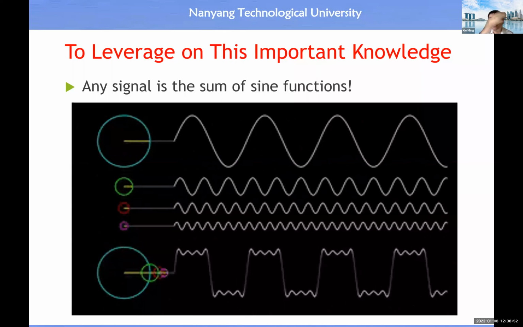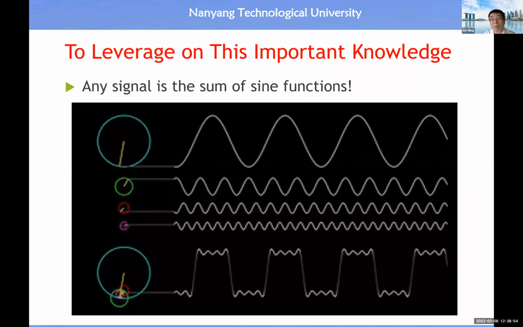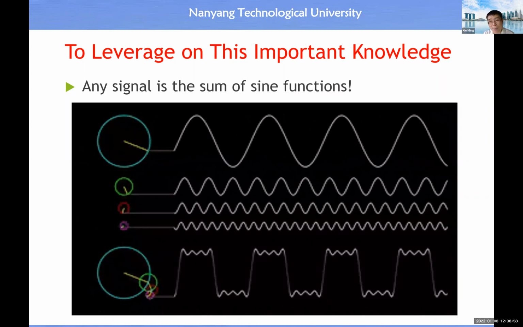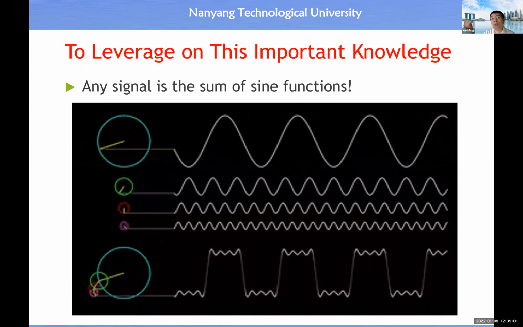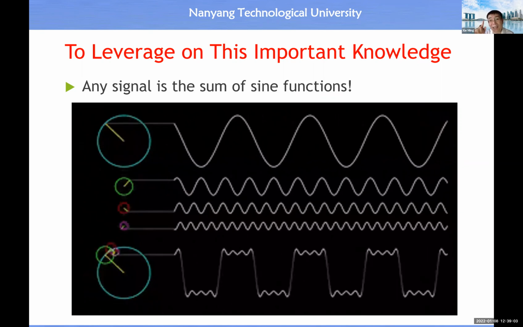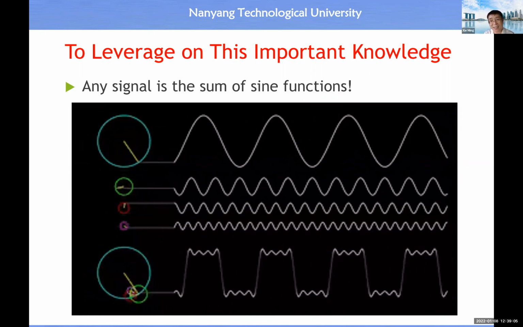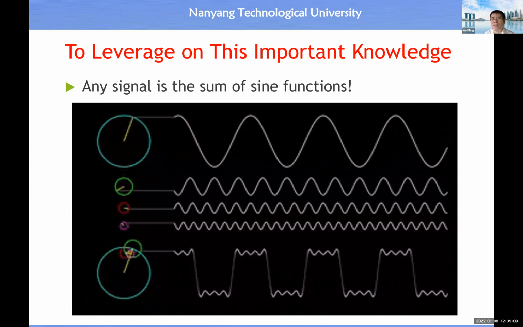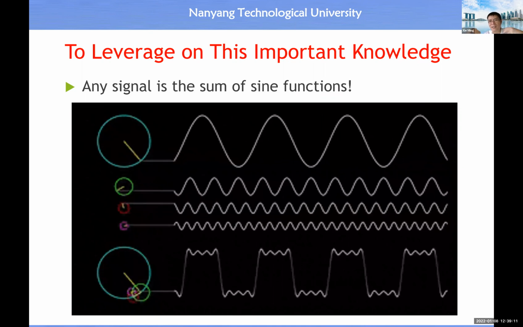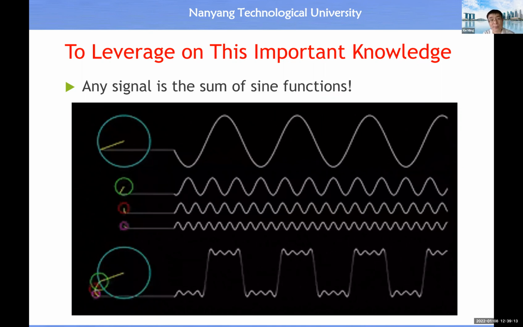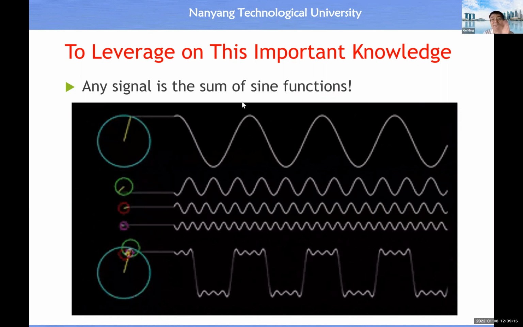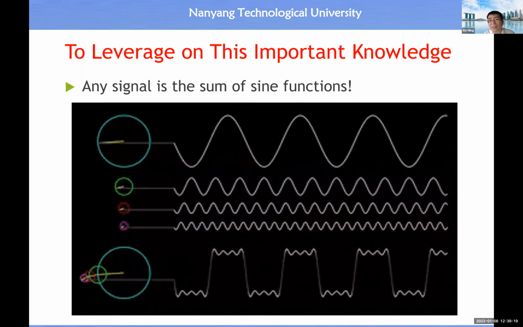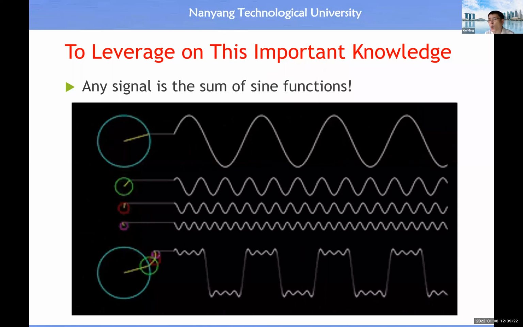It's not like other lectures, because vibration is a dynamic response, and vibration is a system, and most likely a MIMO system. So we must leverage this important knowledge and make your study enjoyable. Any signal is a sum of sine functions. As long as you understand what a sine function is, then you can understand all signals.